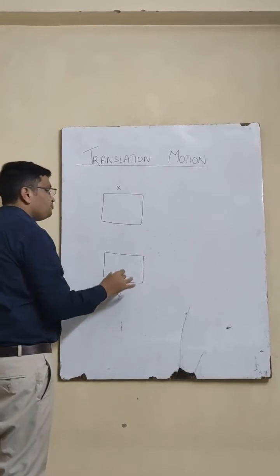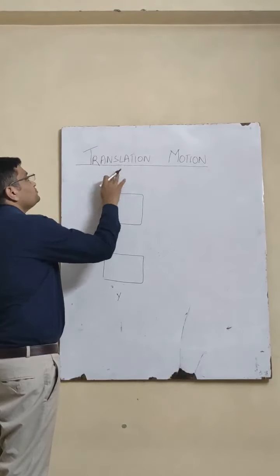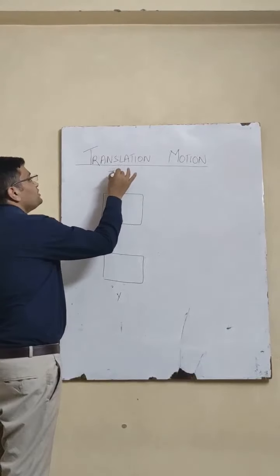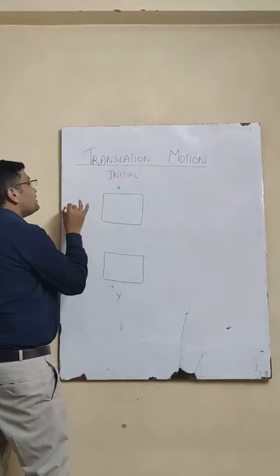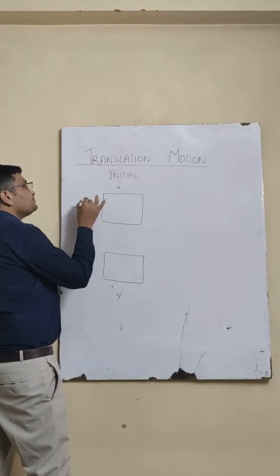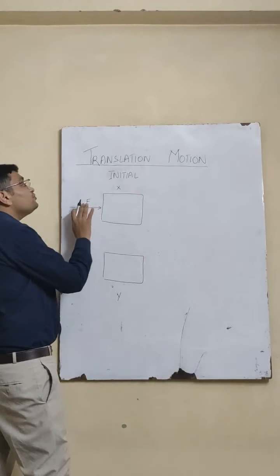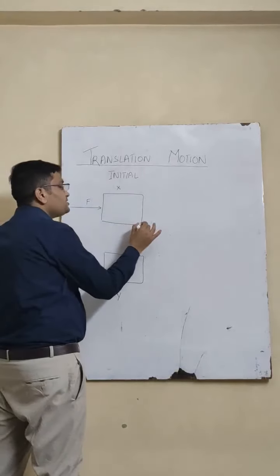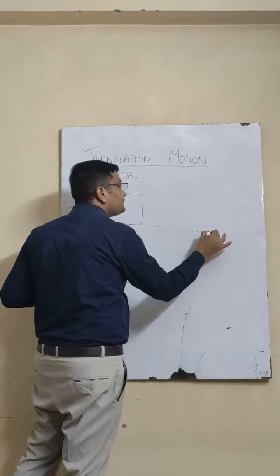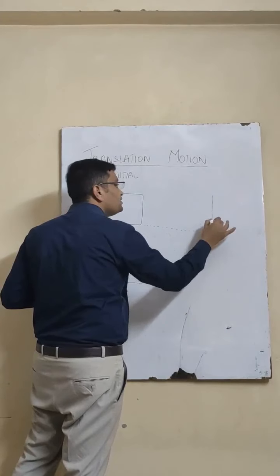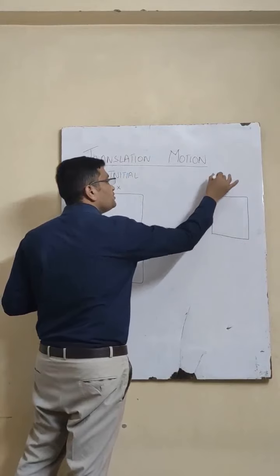These both bodies are at their initial position. When I apply the force F on body X, this body moves in a straight line, and after covering its motion, it comes to its final position.